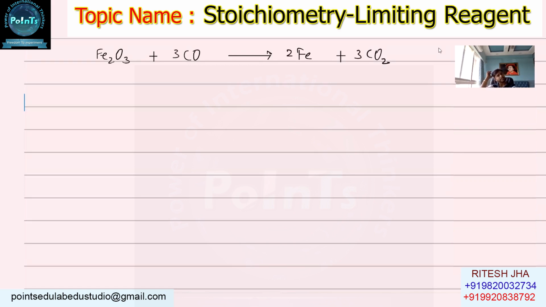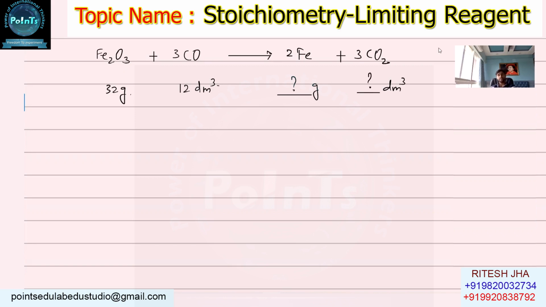If we have this kind of thing, and over here I'm saying this one is, let's say, 32 grams, and this one is, let's say, 12 dm cube. Then how many grams of this will be produced, or how many dm cubes of this will be produced?